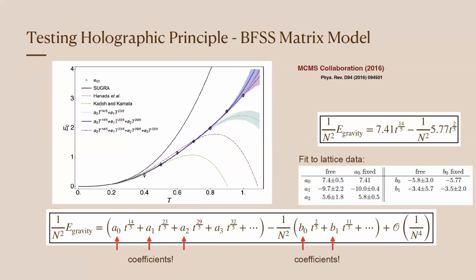Now there is a more modern result, which is coming from 2016 by this collaboration led by Filev and others, where they did a careful study of this model. Okay? They used a supercomputer to produce these data points. These are coming from Monte Carlo, the lattice computation. And they are fitting this to various models. So this is the prediction from low energy string theory, okay?